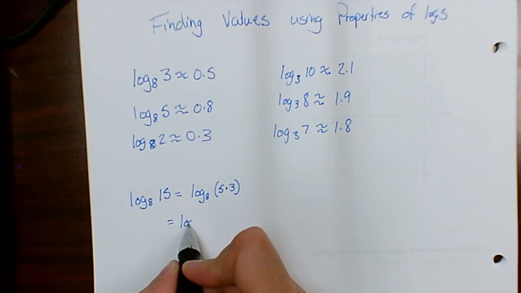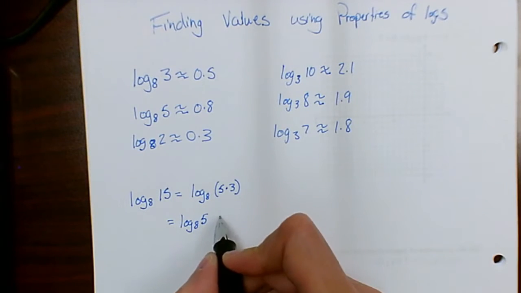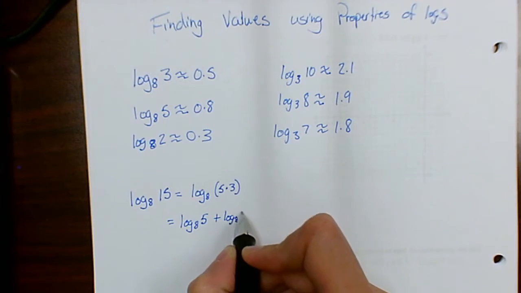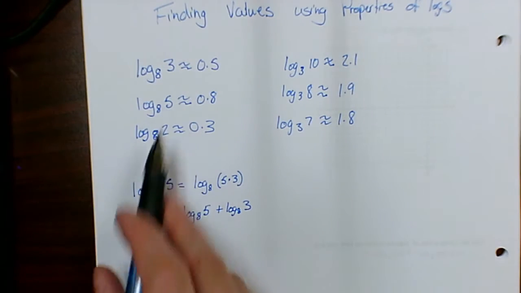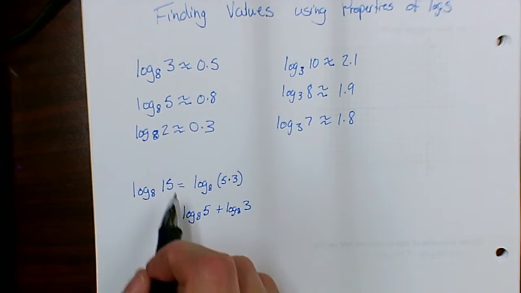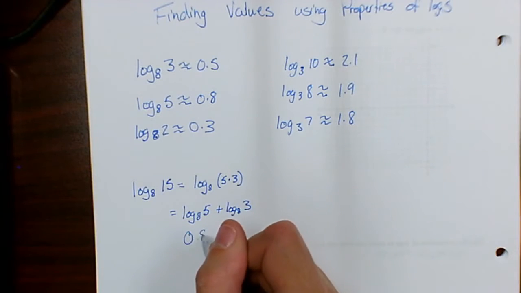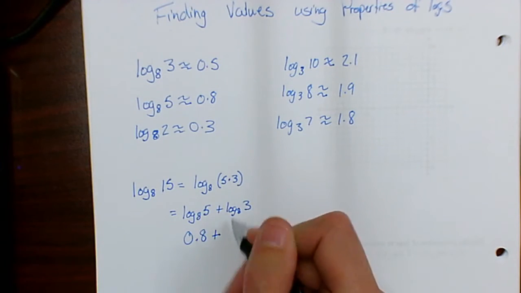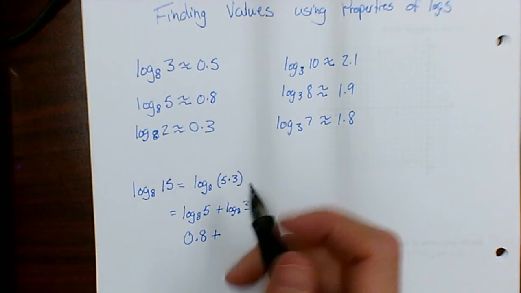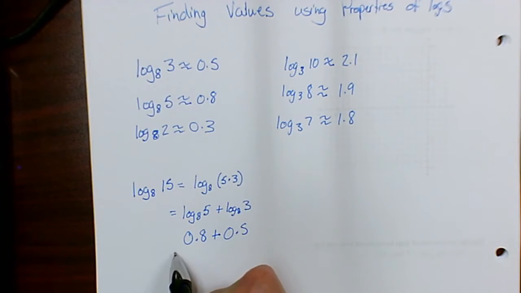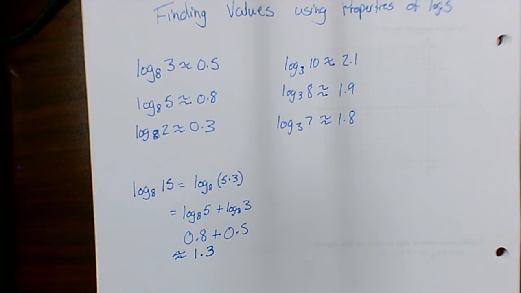So when we expand it, we have log base 8 of 5 plus log base 8 of 3. Well, log base 8 of 5 is 0.8 plus log base 8 of 3 is a half, so you'll get approximately 1.3 for your answer.